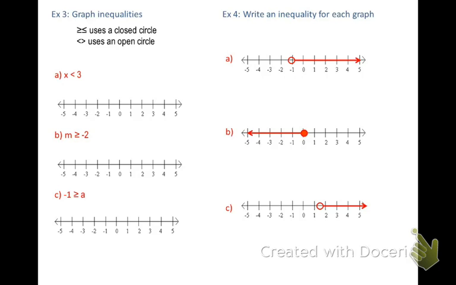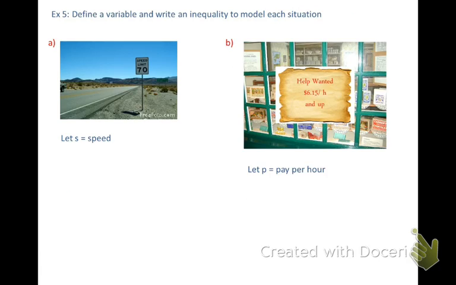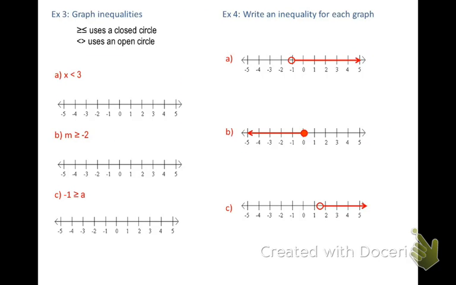Graph the inequalities. If it's a greater than or equal to or a less than or equal to, you're going to have a closed circle. And I usually have my closed circles look like this. And if it's less than or greater than, you're going to use an open circle.